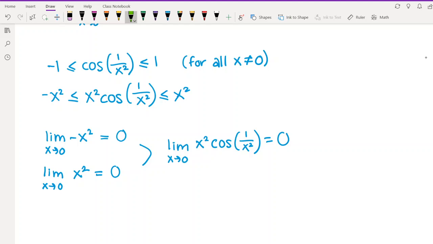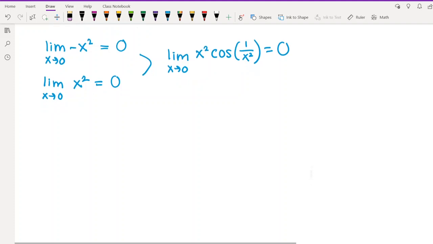You wrote down this stuff and then said, oh, well, that means that 0 is less than or equal to this stuff is less than or equal to 0. And that doesn't really make sense because you're not plugging 0 in, you're taking limits. It's a subtle difference, but it's one that I want to pay attention to when I'm grading.